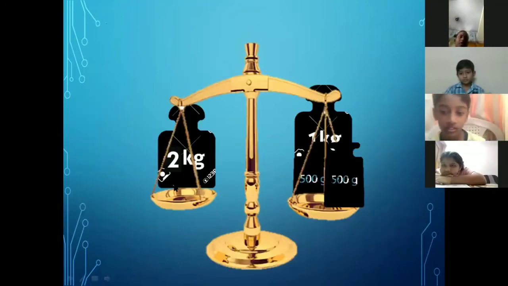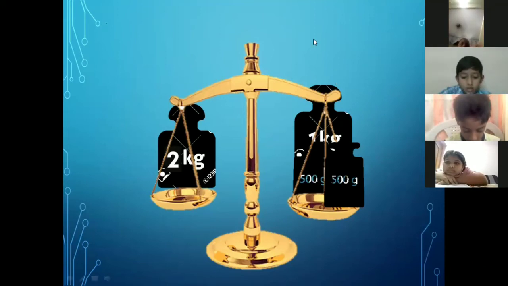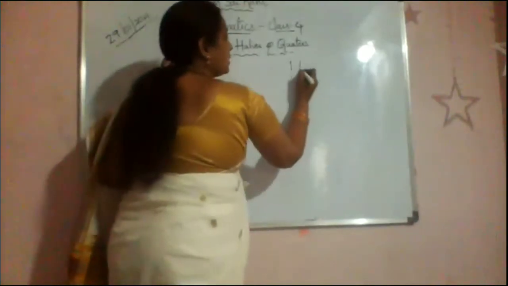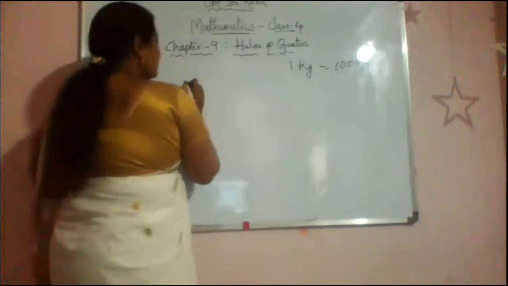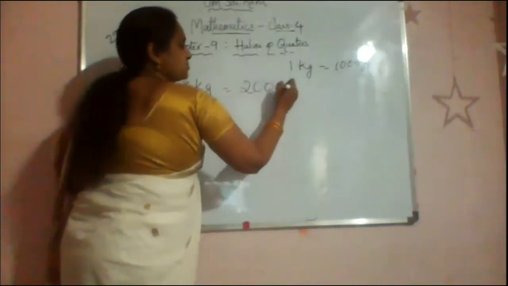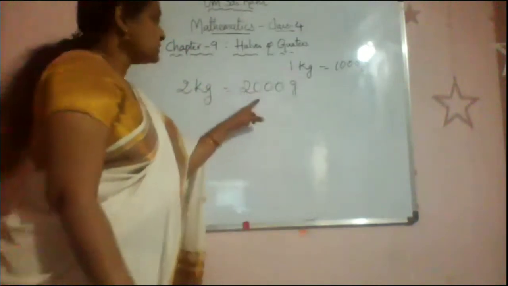So when we want to balance the weight of 2 kg, 2 kg means what, ma? 2000 grams. You know that 1 kilo equals 1000 grams. 2 kg can be written as 2000 grams.